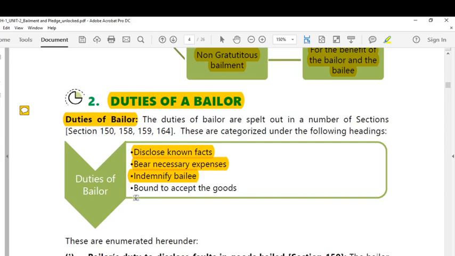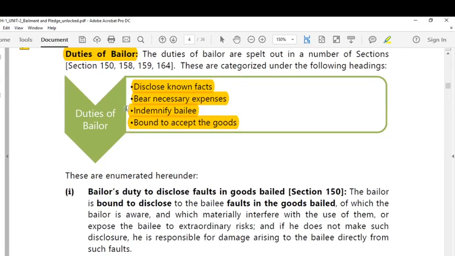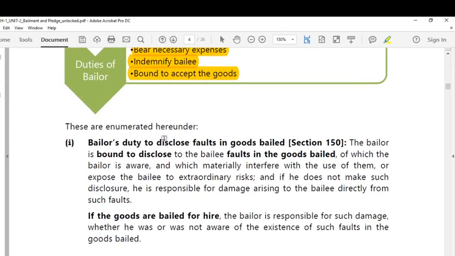The fourth one is to be bound to accept the goods. As and when the bailee returns the goods to the bailor after completing the purpose of the bailment, the bailor has a duty to accept the goods which have been returned by the bailee. Now we will see these four duties of a bailor in detail.